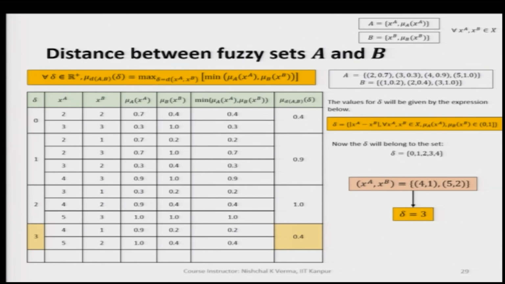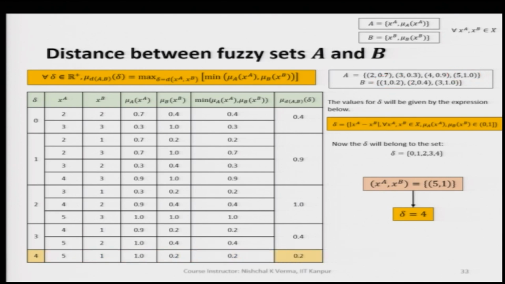Now, for the last value, that is delta equal to 4. When we take delta equal to 4, we are getting 5 and 1, only one pair, for which we get the difference delta 4, and we are entering this here. And of course, since we have only one row here, the max is going to be the same, that is 0.2.